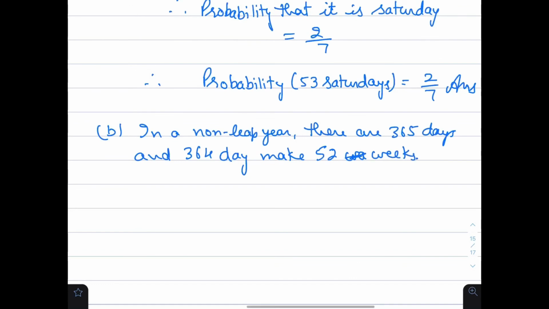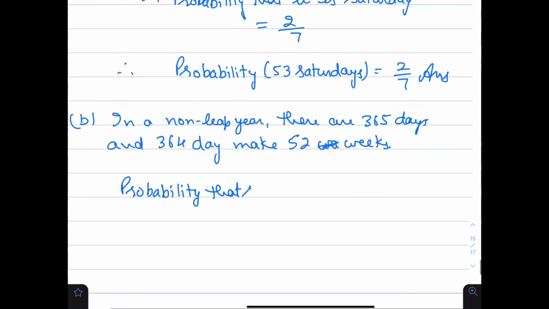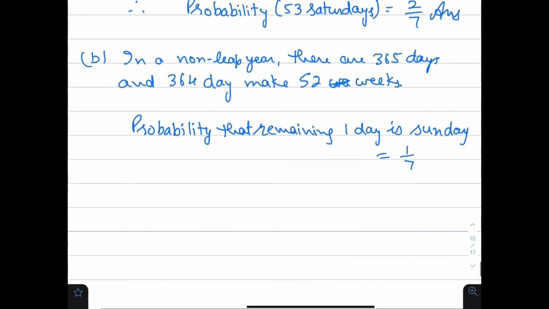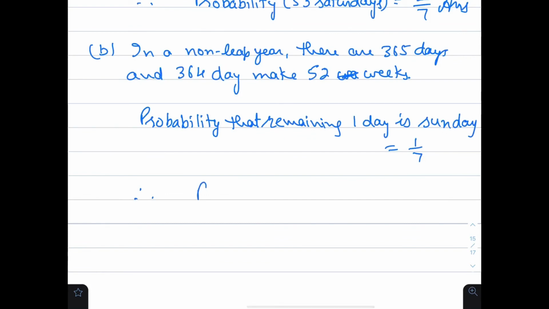When there are 52 weeks, it means 52 Sundays will come, and one day will remain at the end. So probability that the remaining one day is Sunday equal to 1/7. Therefore, probability for 53 Sundays equal to 1/7.